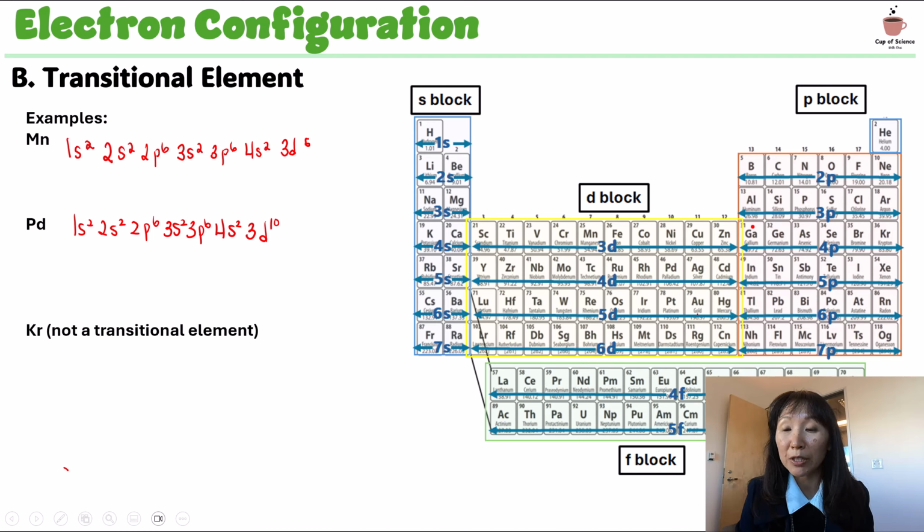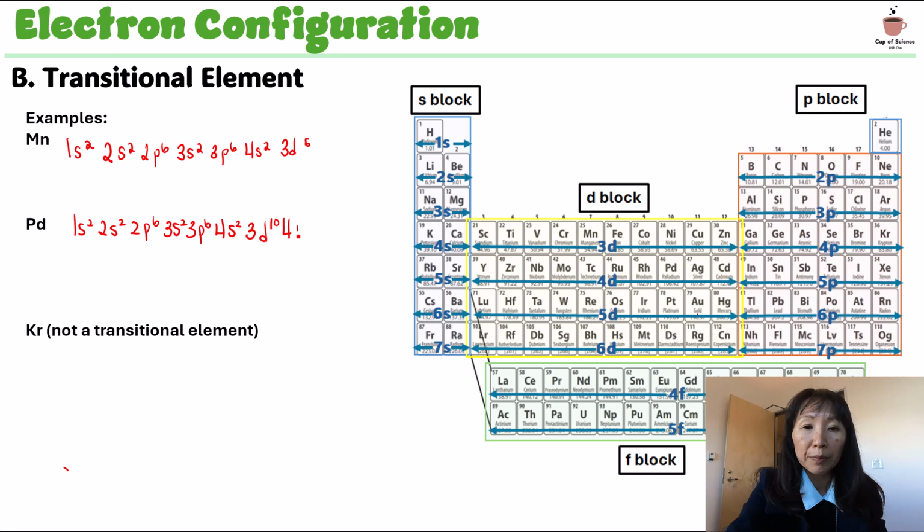Now we need to go into gallium, and then we go into 4p, not 3, but rather 4p. 1, 2, 3, 4, 5, 6. Okay, that's 4p6. And then you go into the next row, which is 5s2.